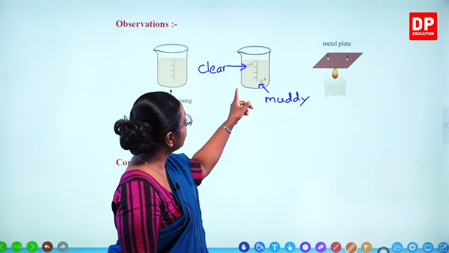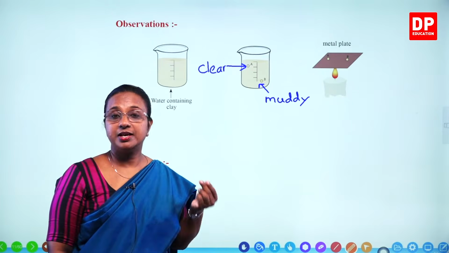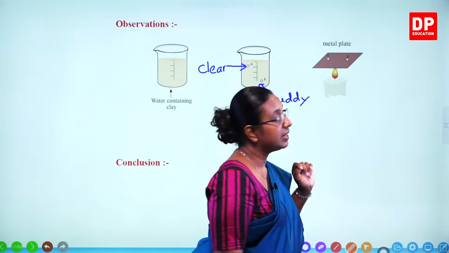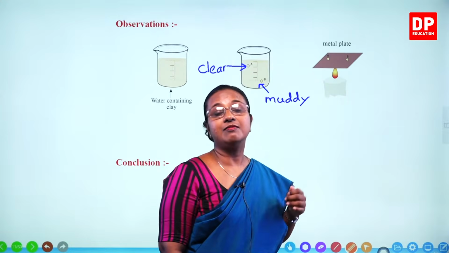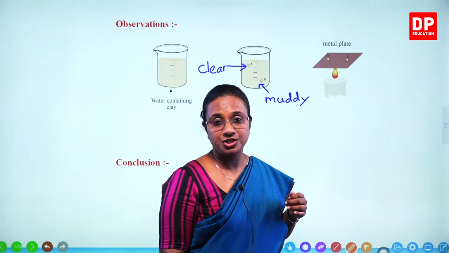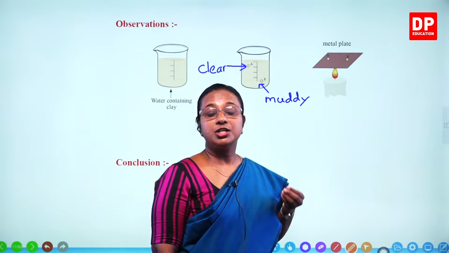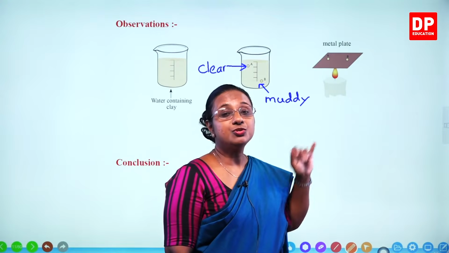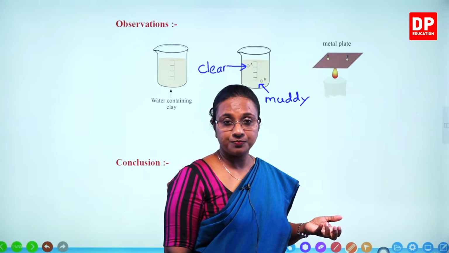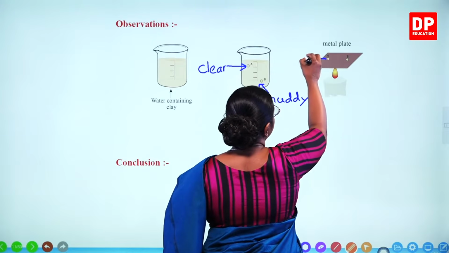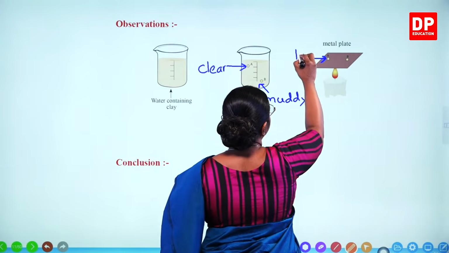And after drawing drops using a pipette or a glass rod, we placed it on the metal plate and we evaporated the solution. After evaporating or allowing the water to vaporize, you saw the residue. There was less residue here.